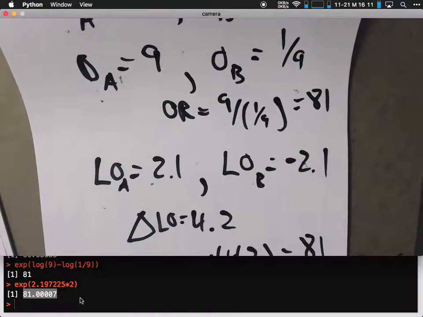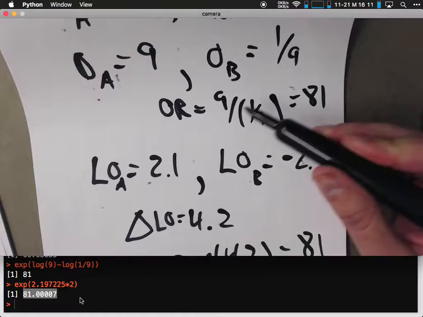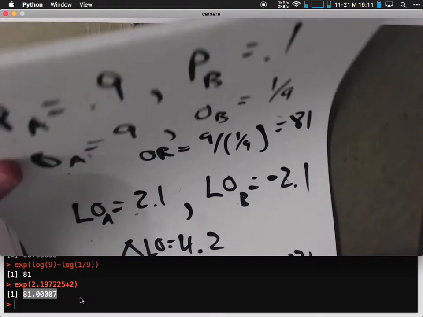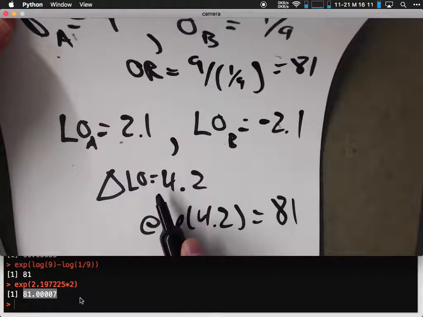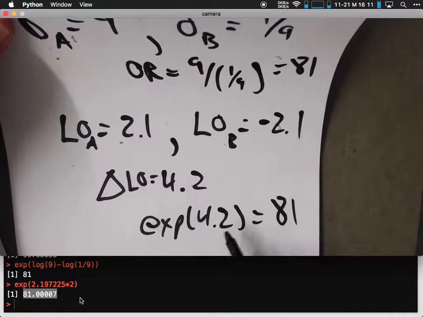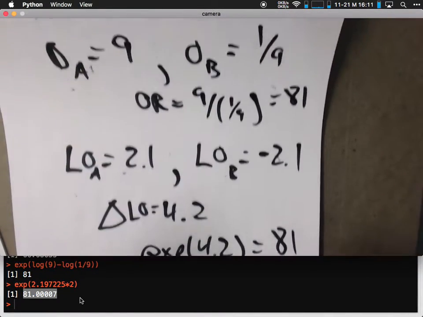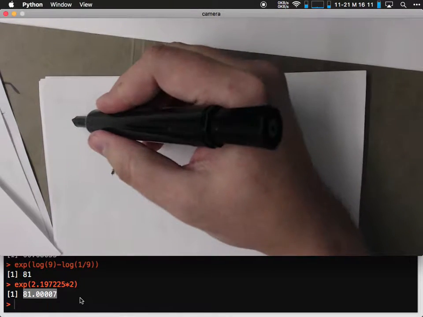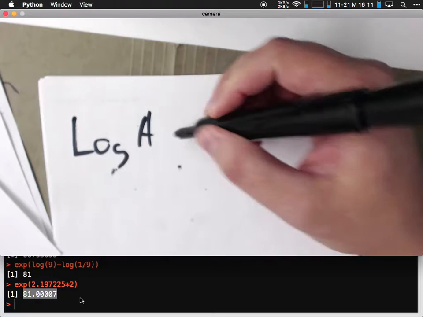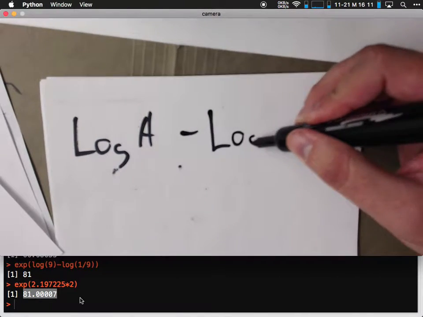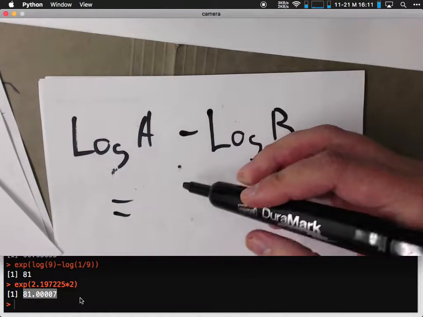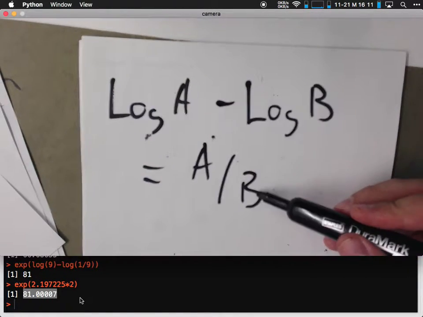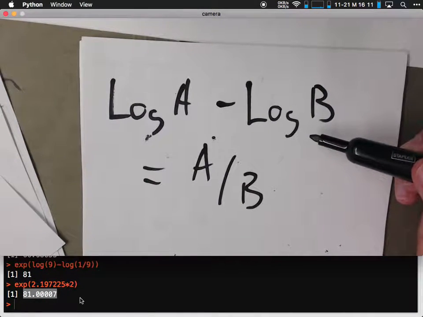regardless of whether we compute the odds ratio all by itself or compute the difference on the log odds scale and then exponentiate that difference. That's just the log rule: log A minus log B is the same as A divided by B. So an odds ratio is a difference on the log odds scale.